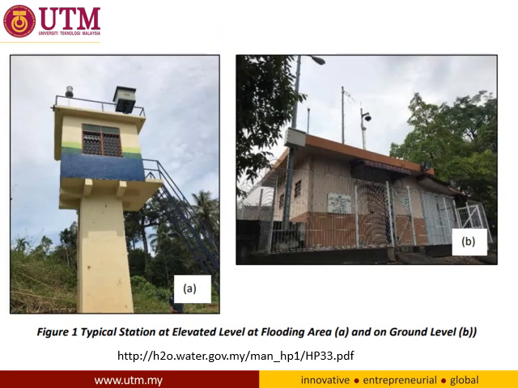This is a typical water level station, taken from the Department of Irrigation and Drainage manual. There are elevated stations and on-ground-level stations, beside rivers, so that they can measure the water level of the river. There are many kinds of instruments for measuring water level.